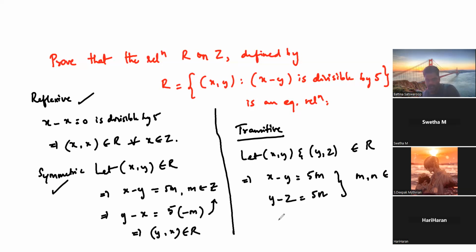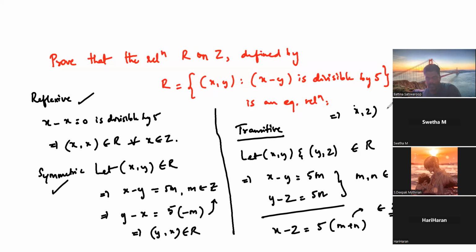So, what will I get if I add both? x minus z will be equal to 5 times m plus n, where m, n and m plus n all belong to integers. Right? Yes. So therefore I can say x, z also belongs to R. Therefore it is a transitive relation. That is all, it is finished. Since all three are there, you will say that it is an equivalence relation. Right? Yes.